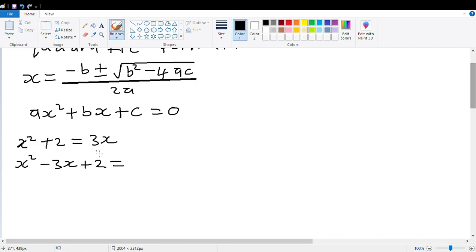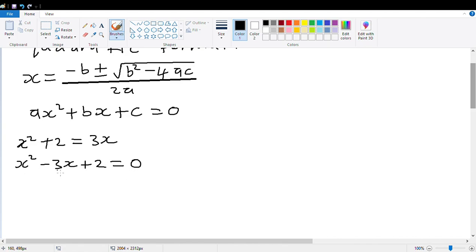Since this one has moved from one side to the other, we'll be left with 0. So from there we can obtain the values of a, b, and c.